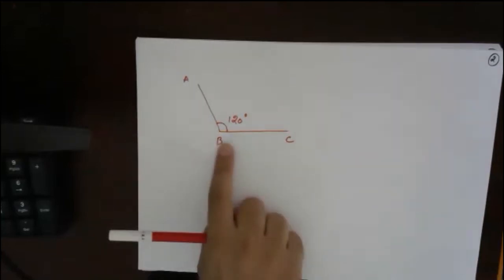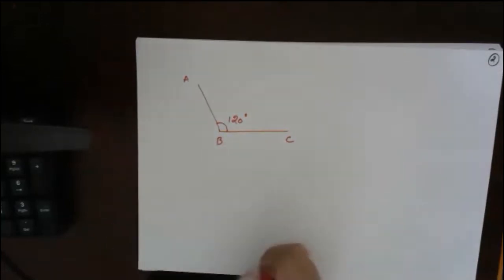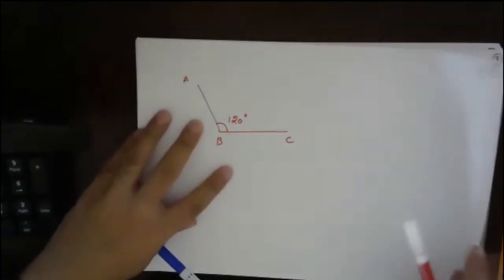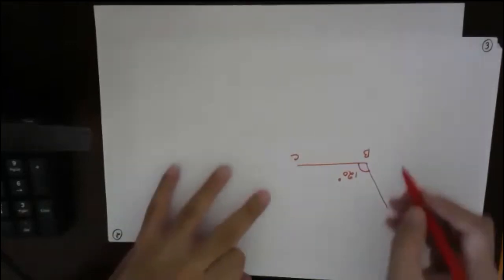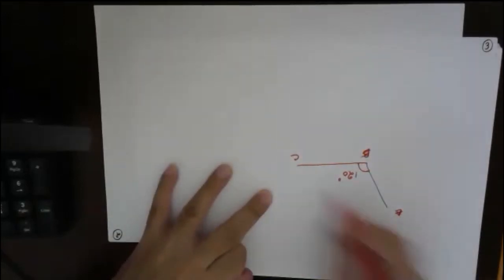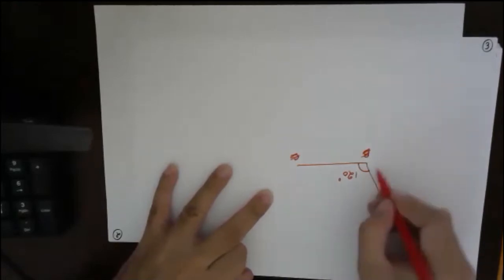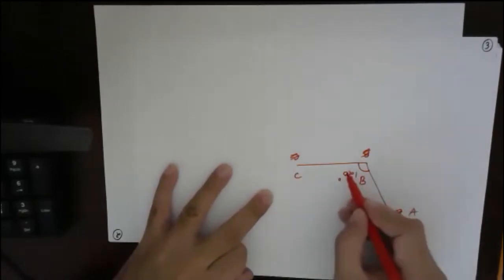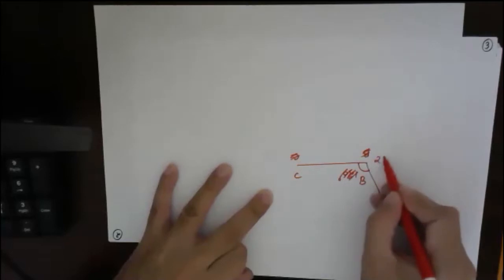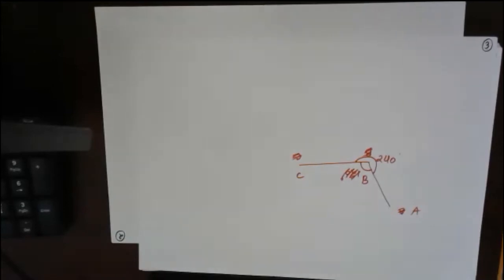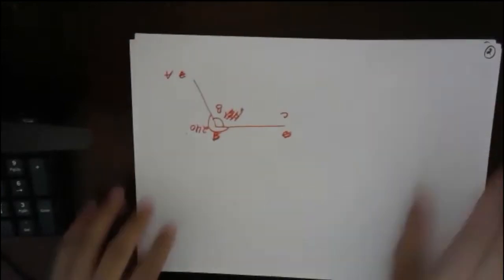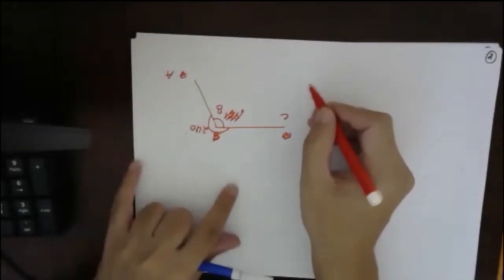Now you are saying the angle ABC is 120 degrees. Okay. Now see, what I am doing is I am simply turning it like this, and I am writing now this as A, this as B, and this as C. And instead of writing 120, I am writing 240. Now tell me what is the angle ABC? Understood, everyone? So basically, I am talking about what is the shortest angle?